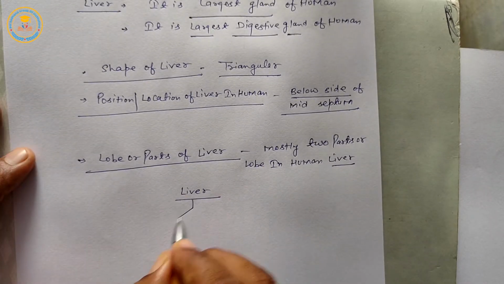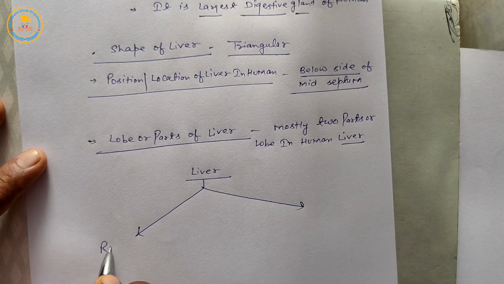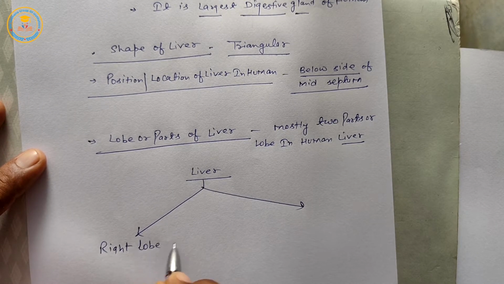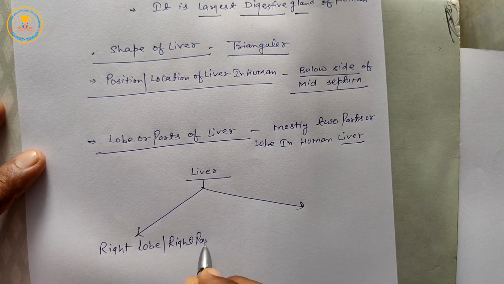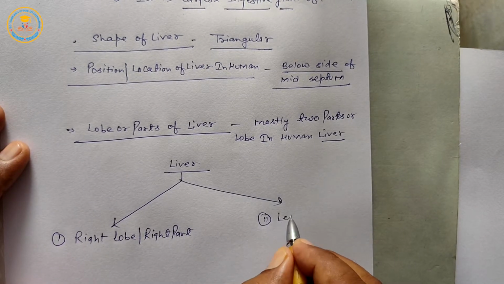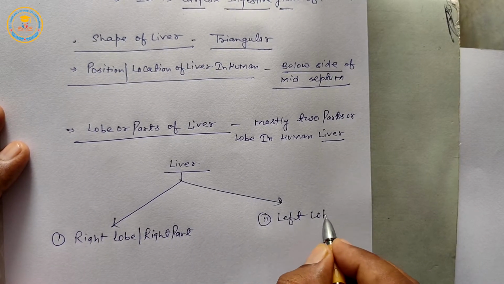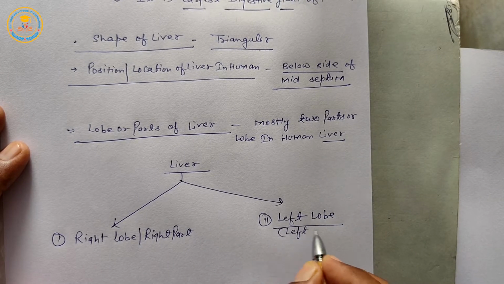First is the right lobe or right part, second is the left lobe or left part.